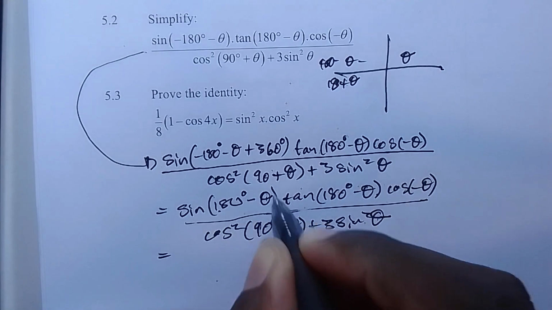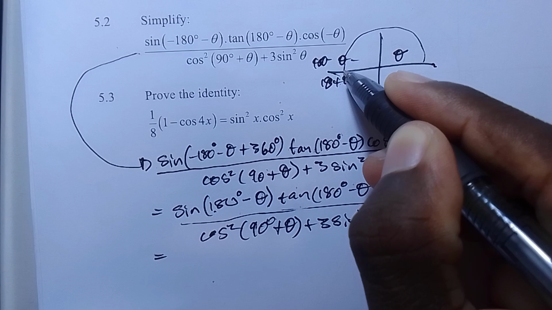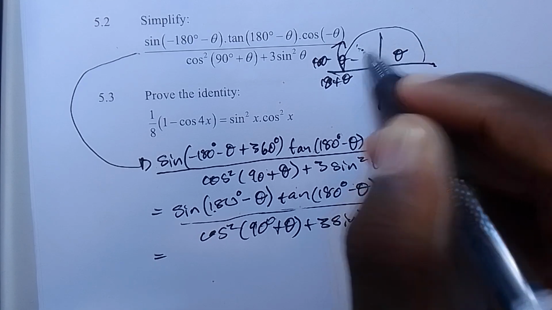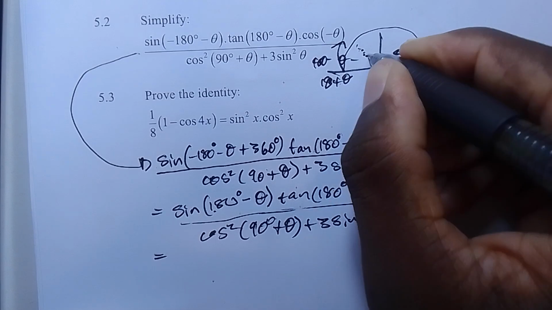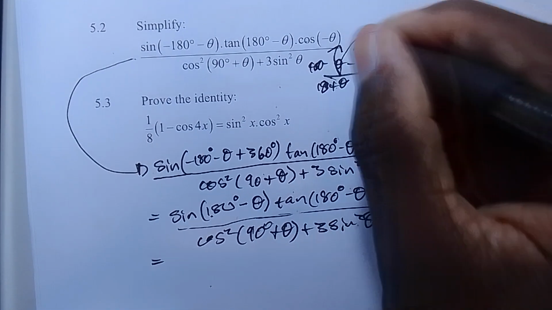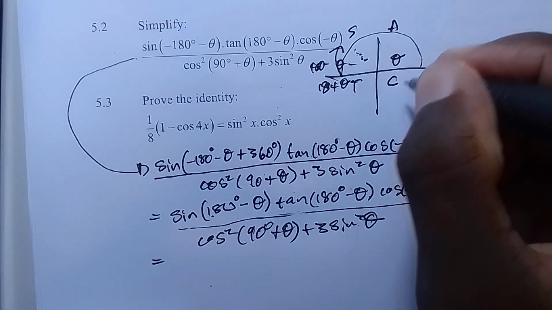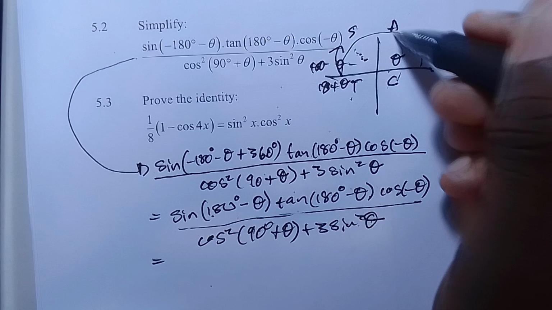So this is 180 minus theta. 180 is like this, minus theta brings us to this quadrant. Is sine positive or negative here? Sine is positive here because you have All Students Take Coffee, or CAST, C-A-S-T. CAST diagram.